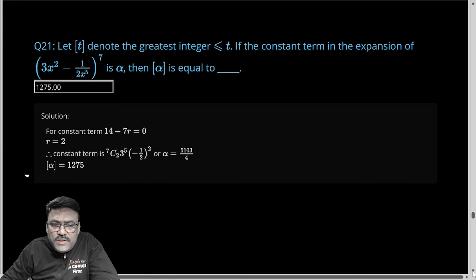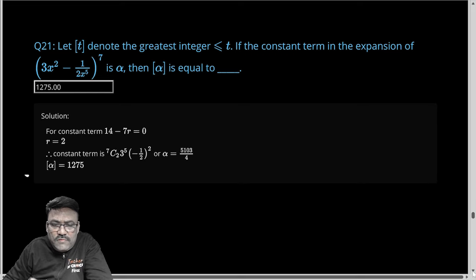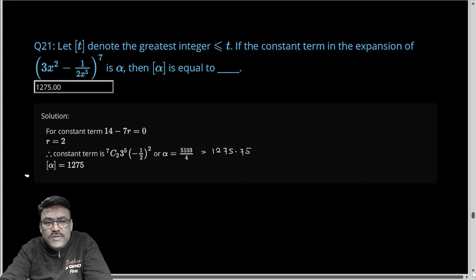Actually 5103 by 4 will be what? 1275 into 4 is 5100, so this is basically 1275.75. So hence the integral part is 1275.